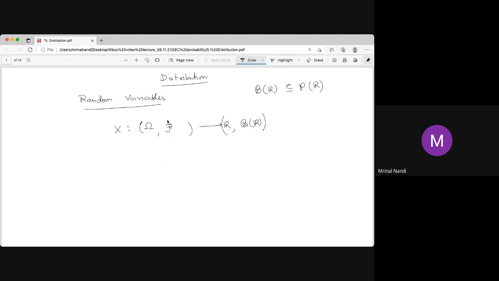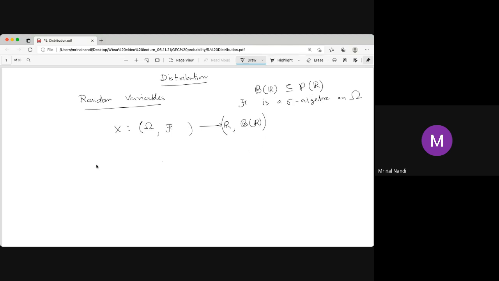So this sigma algebra on omega may not be the whole power set, and this Borel sigma algebra over R again is not the whole power set. It's not the collection of all subsets, but all sorts of subsets that we have discussed are included there.